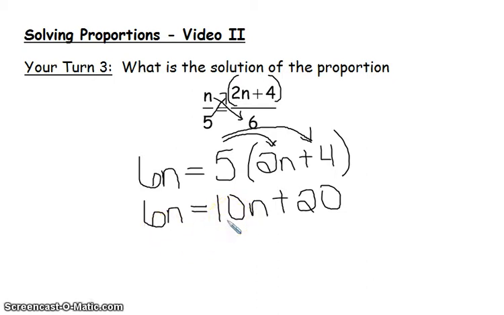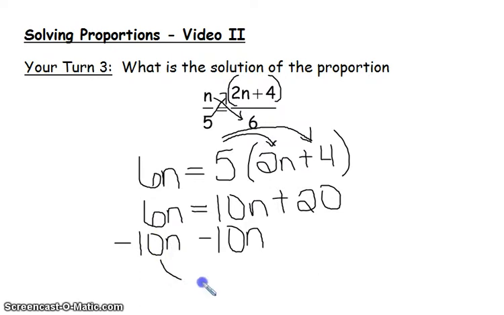So a positive 10n, if I want to move that to the other side, the inverse is negative or minus 10n. So if I subtract 10n from the right, I have to move over to the left and subtract 10n. So 6n minus 10n, I am going to have to deal with a negative number in this problem.